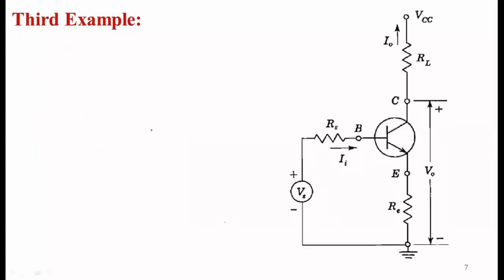Next we discuss the next circuit. Here we can see that we are taking output from the collector side and giving the input to the base, hence we can say that this is a common emitter type of circuit.